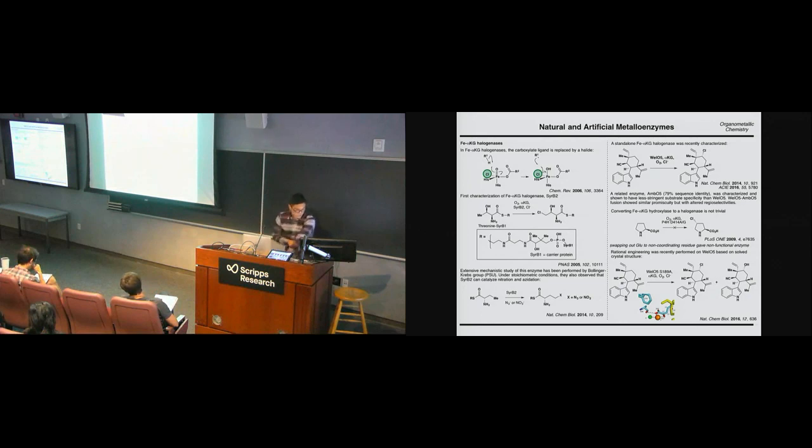And in terms of swapping hydroxylase to halogenase, I think the most success has been achieved by Amy Boal's group at Penn State, as reported in this Nature Chem Bio paper, where they were able to get a crystal structure of the enzyme, and by looking at the substrate binding mode of the enzyme, they were able to identify potentially important secondary sphere residues that would then allow them to generate a mutant that can actually perform non-selective halogenation and hydroxylation.